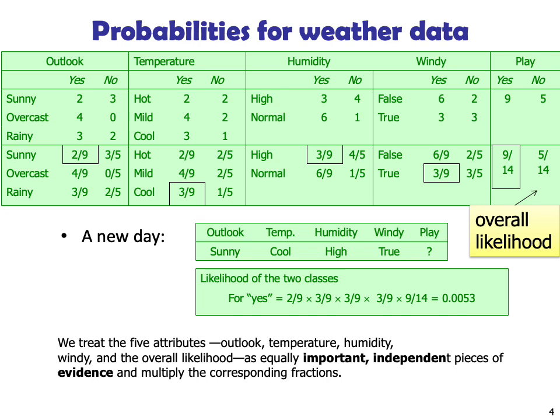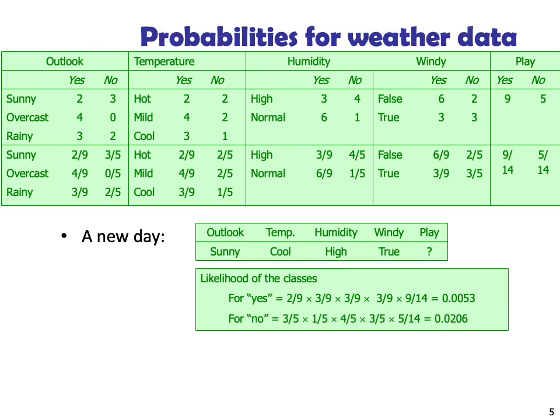So let's do the same thing for no. So again, sunny and class no is 3/5. Temperature cool and class no, and so on. So you do the same thing and then you multiply by the overall likelihood of class no, which is 5/14.